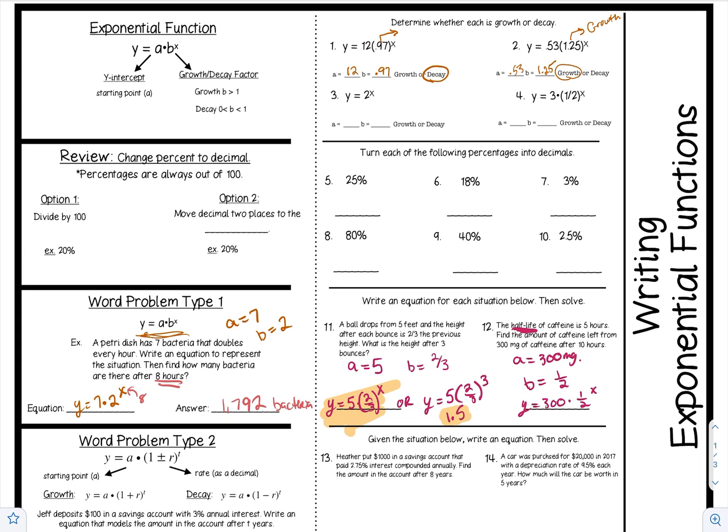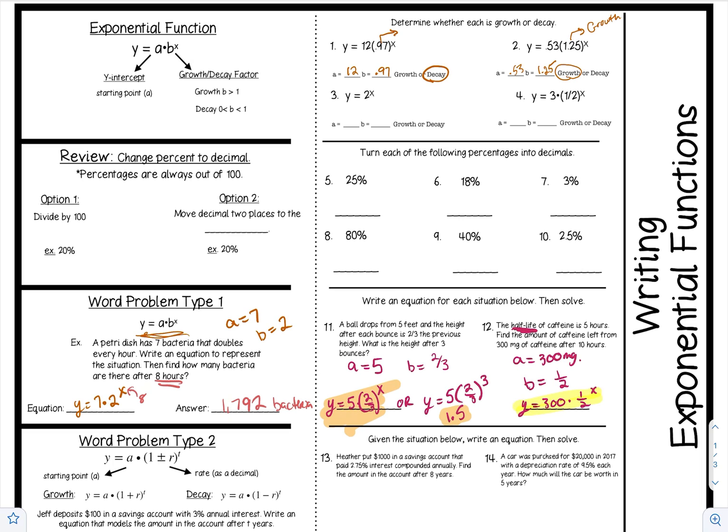That's the first part of this. The second part is to find the amount that's left after 10 hours. Well, we know after 5 hours, 300 is going to be divided by 2, or half of 300, which is 150. And then after 5 more hours, that 150 will decrease by a half as well.